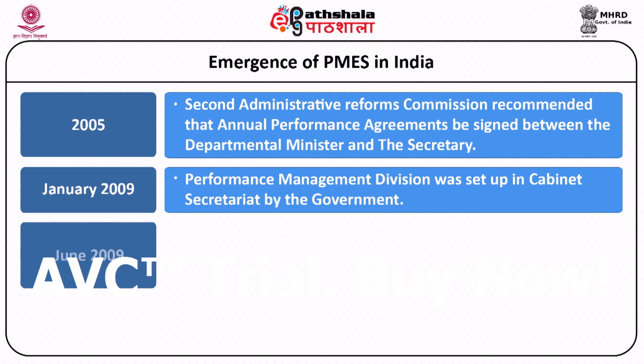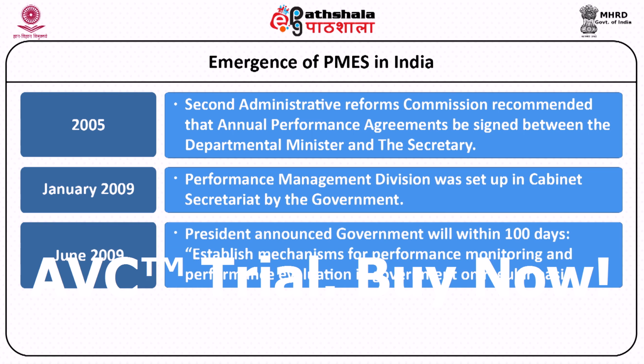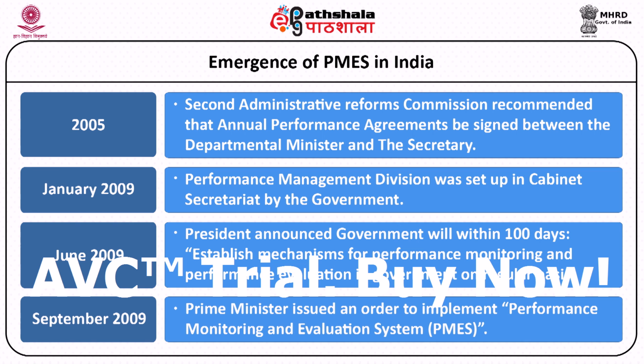The President announced the establishment of performance monitoring and performance evaluation in the government on a regular basis. In the same year, in September, the Prime Minister issued an order to implement the PMES system in the government.